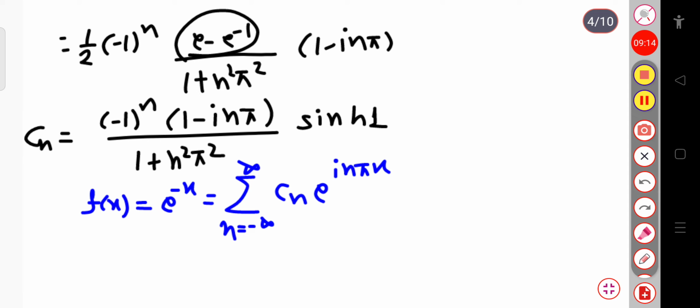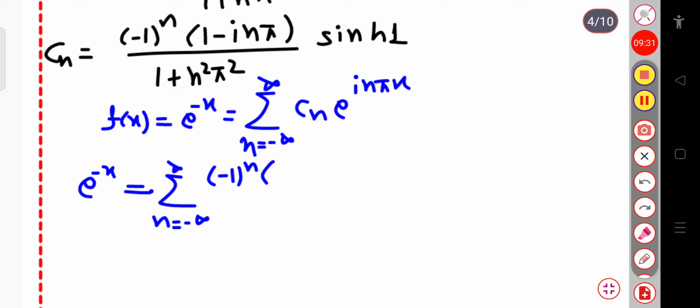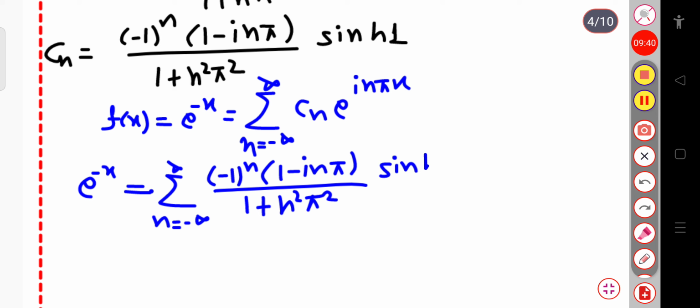So exponential minus x equals the sum over n from minus infinity to plus infinity, substituting Cn, of minus 1 power n, 1 minus i n pi divided by 1 plus n square pi square, into sine hyperbolic 1, into exponential i n pi x. So this total value is the Cn value.